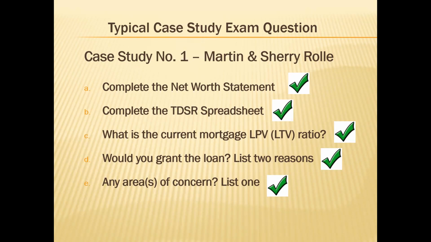We've looked at whether or not we would grant a loan, giving at least 2 reasons, and any areas of concern, listing at least one. I think we found 2 areas of concern. Okay, and that's that. Any questions before I put the wrap on the Martin and Sherry case, or case studies, I should say?